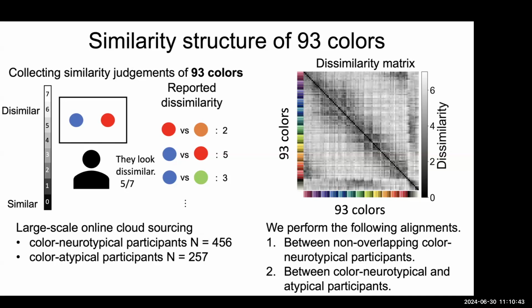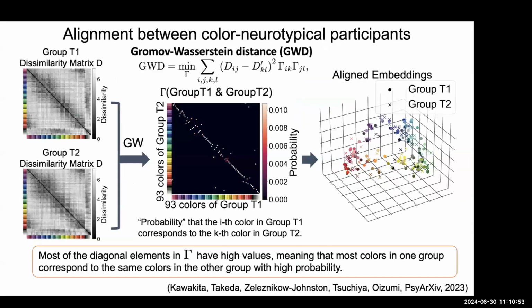So let's look at the first experiment. We first divided the participants into non-overlapping groups consisting of roughly 100 participants.